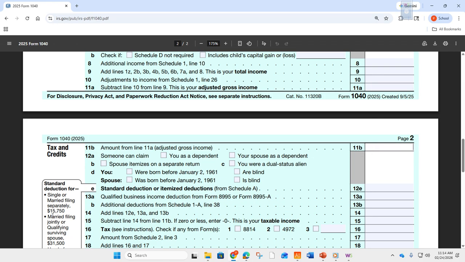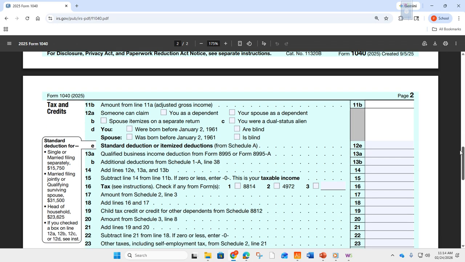And this is where we enter our deductions. Here's some information you have to give, and then we get down to, are we going to use a standard deduction or itemized deductions? Remember, if you don't have deductions totaling more than $15,750, then you want to use the standard deduction.